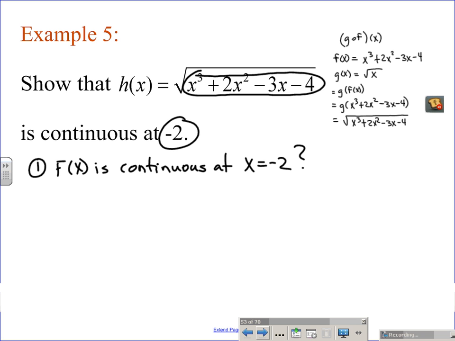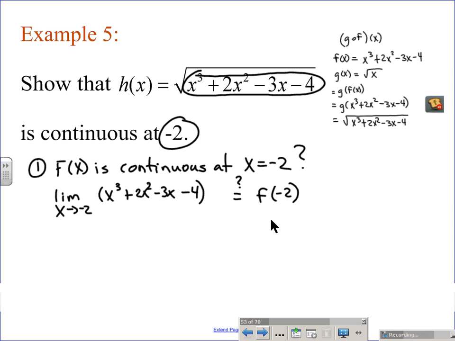To figure that out, we're just going to find the limit, and we want to know if that limit is equal to f of negative 2. And if it is, then f of x is continuous at x equals negative 2.